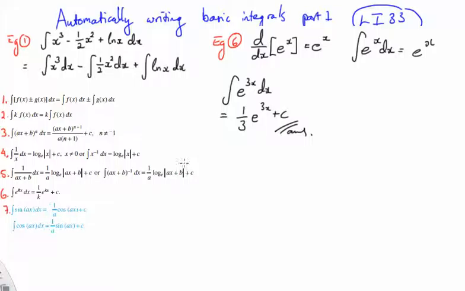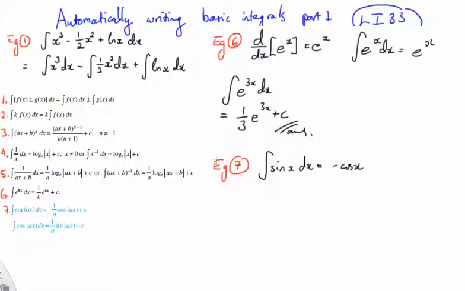And 7 is our sine function. So if you remember, cos diffs to negative sine, so sine must integrate to negative cos. So if you've got like the integral of sine of x dx, that's negative cos of x, because cos diffs to negative sine, so sine must integrate to negative cos. I hope that makes some sense.